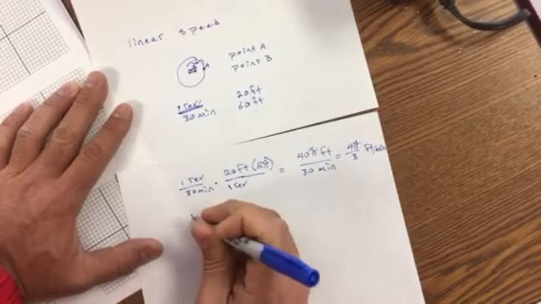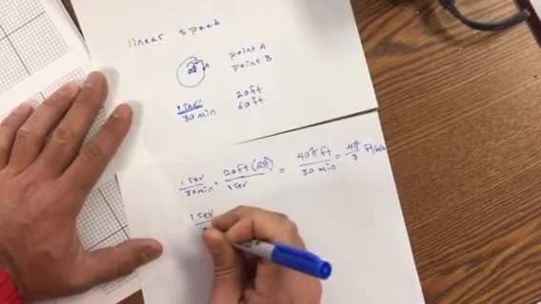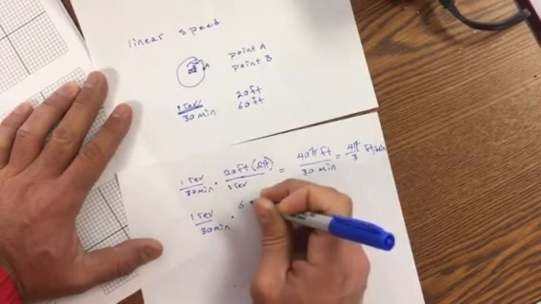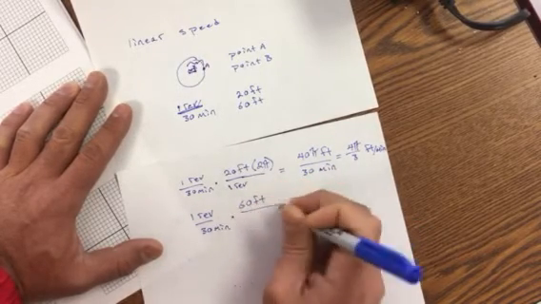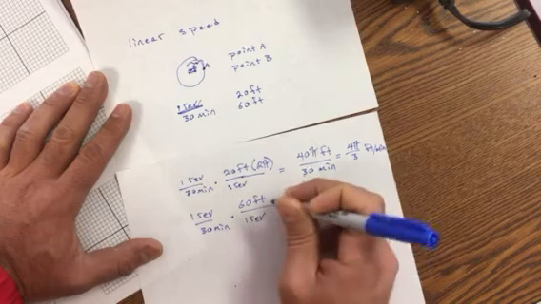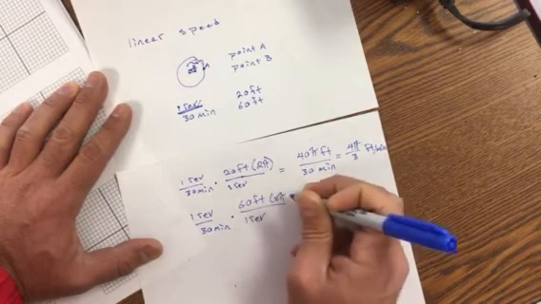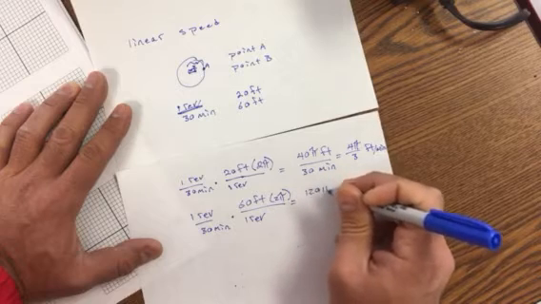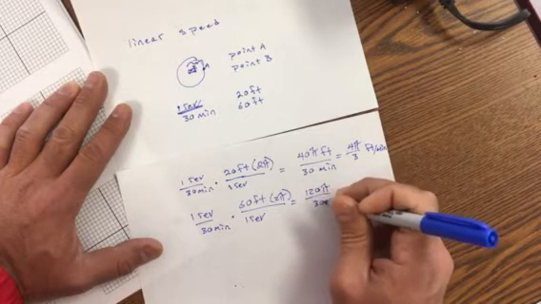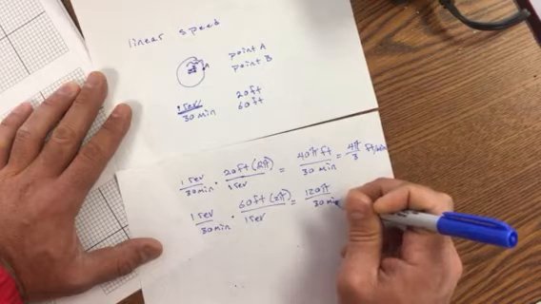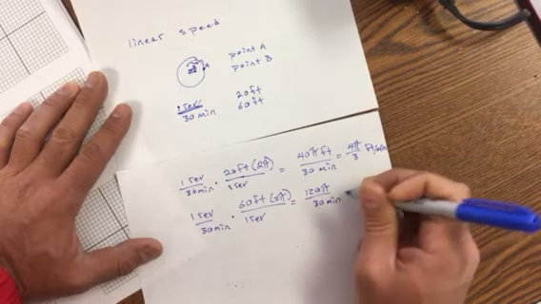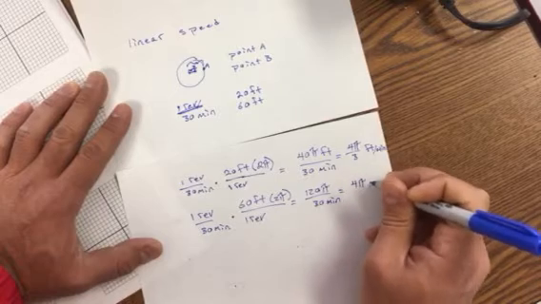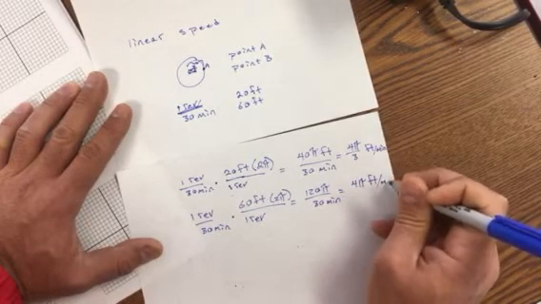The other one is 1 revolution for 30 minutes times 60 feet per 1 revolution times 2 pi. This is going to equal 120 pi per 30 minutes, which equals 4 pi feet per minute.